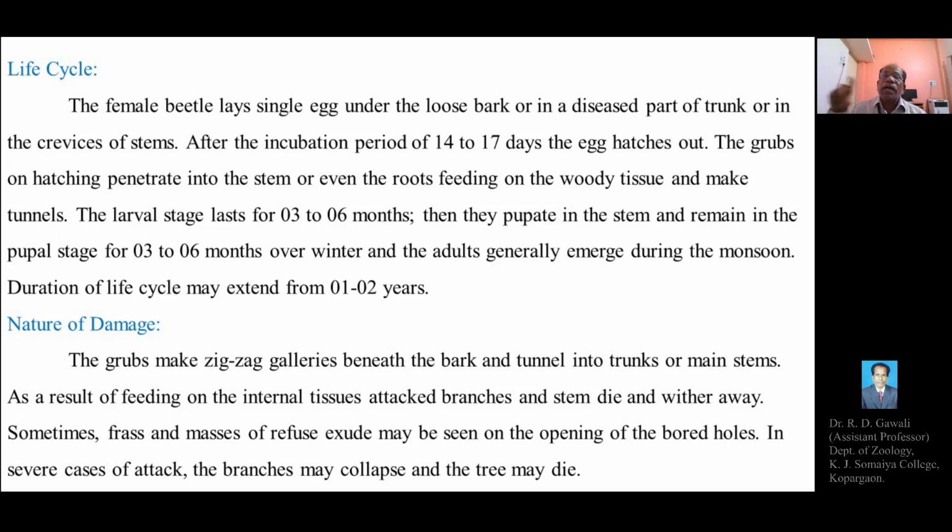Sometimes frass and masses of refuse or exudate may be seen at the opening of the bored holes. In severe cases of attack, the branches may collapse and the tree may die.